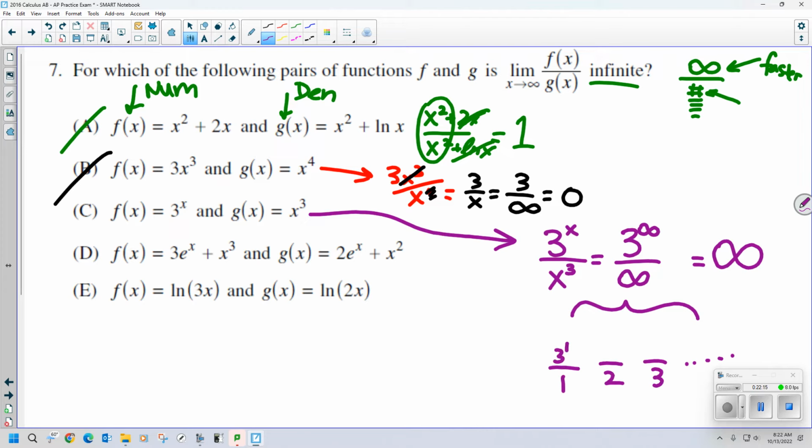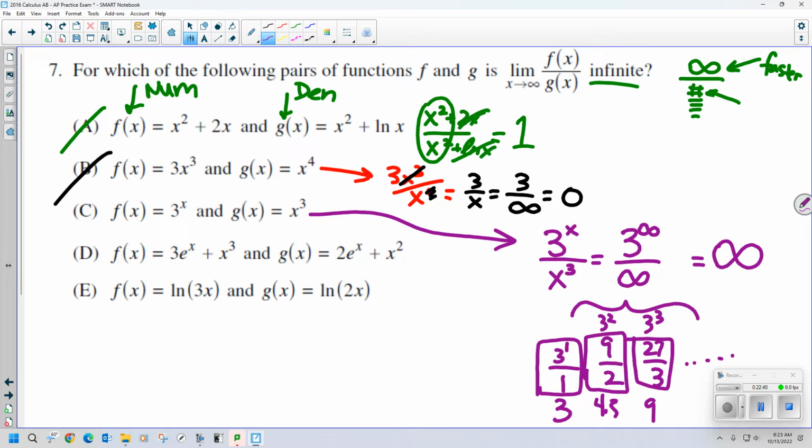That would be a value of 3 overall. Then we have 3 squared, which is 9. 9 over 2, that's 4.5. That's increasing. 3 cubed is 27 over 3. That's 9. That is going to keep on going up and up forever because the top is growing faster than the bottom.